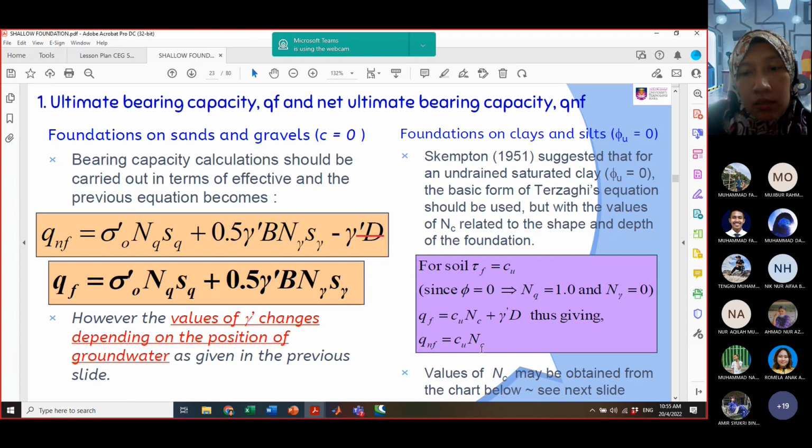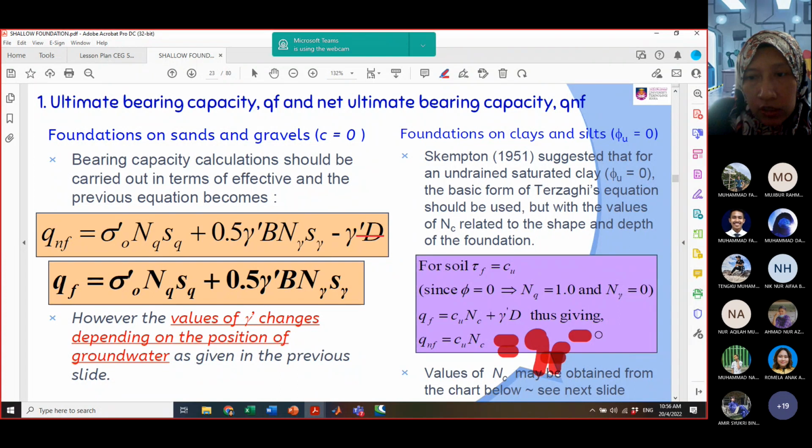So kalau you calculate untuk net ultimate bearing capacity, dia hanya tinggal akhir sekali adalah CU NC. Kenapa hilangnya? Kalau you tengok tadi kan, ultimate bearing capacity QF is CU NC plus dengan gamma efektif darab dengan D. Kenapa bila kita nak calculate dia sebagai net ultimate bearing capacity as QNF, dia hanya tinggal CU NC? Sebab daripada QNF, kita akan dapat QNF sama dengan QF tolak dengan overburden pressure.